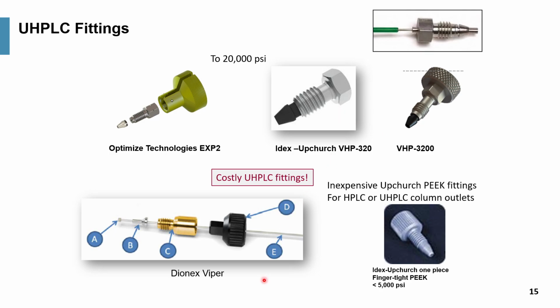Also very acceptable is the Dionex Viper, which does not have a ferrule but has an O-ring with a flange tubing. For the column outlet of UHPLC, you do not need a more expensive UHPLC fitting. The regular IDEX Upchurch one-piece, which is very inexpensive and works really well for the outlet, is totally adequate.